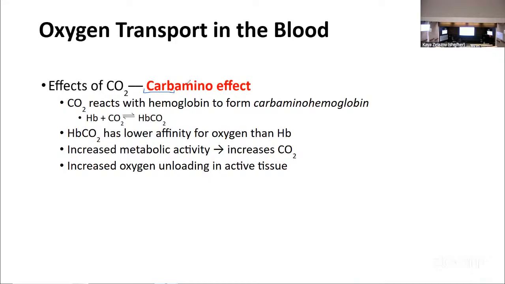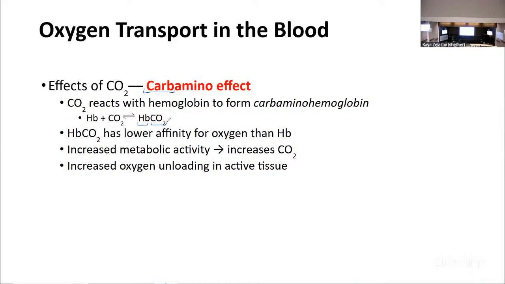So the way this works is that when you have carbon dioxide in your blood, it does react with hemoglobin, right? So it doesn't react with the same heme group in exactly the same spot, but we do form what we refer to as carbamino hemoglobin. So there's hemoglobin bound to carbon dioxide.